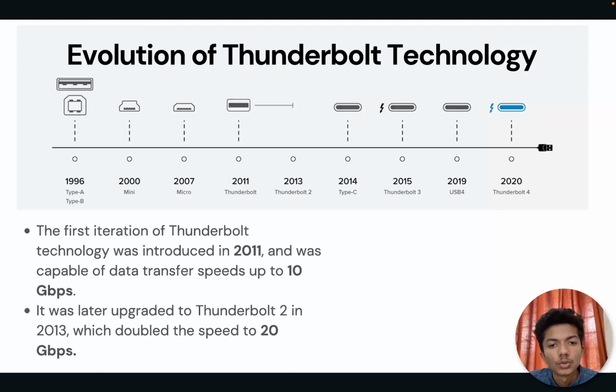After just 2 years Thunderbolt 2 came up with double the speed, going from 10 Gbps to 20 Gbps. And in 2014 a new version of USB came up with USB-C.